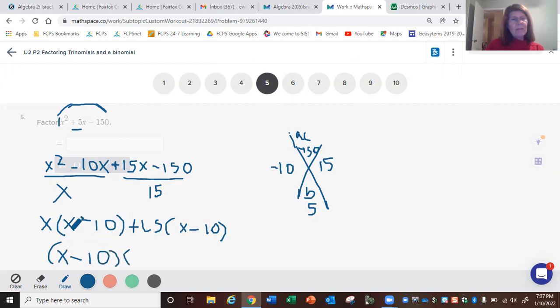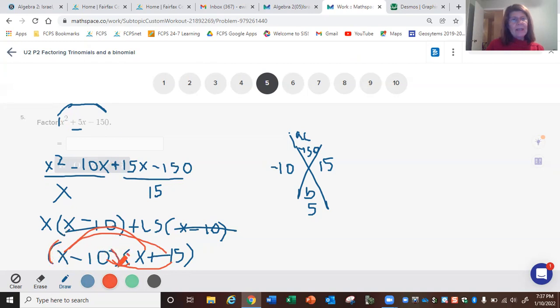What's left when I divide out the x minus 10s is x plus 15. Notice if I FOIL this, x times x is x squared, x times 15 is 15x, minus 10x would be 5x, and negative 10 times 15 is negative 150. So my 2 factors are x minus 10 times x plus 15.